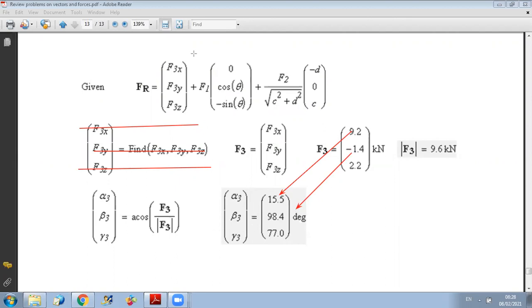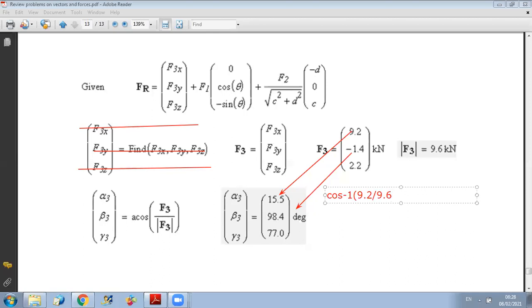Of course, when you want to find the angles, you should divide 9.2 by 9.6, okay? So the first term is cosine minus 1 of 9.2 over 9.6.